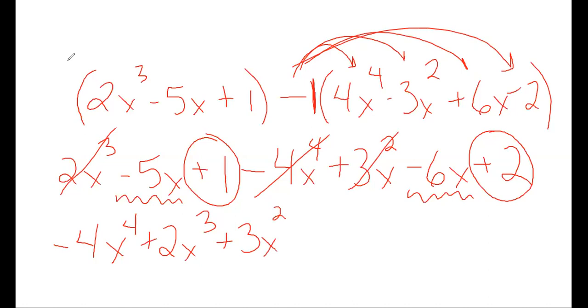And now I can combine the x's. Negative 5x minus 6x is negative 11x. And then I add my 1 plus 2, and I get plus 3. And then that polynomial is my final answer. I can't do anything else with that. And that's pretty much it.